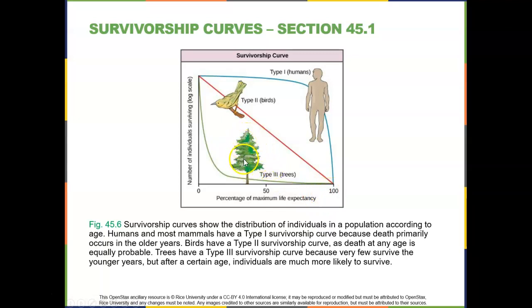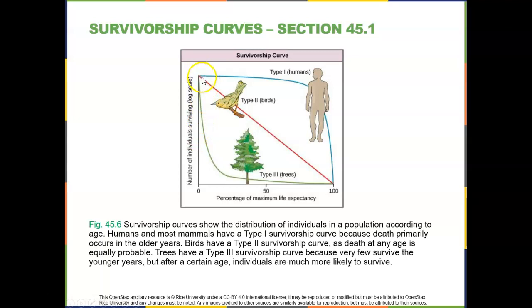So if this tree's life expectancy is 100 years, then we would see, by early life, maybe 15 or so, the remaining trees are going to be able to grow pretty steadily until they get into older life. If we were talking about a fish, this wouldn't be 100 years. This might be more like 5 years. And so midlife would be 2.5 years.